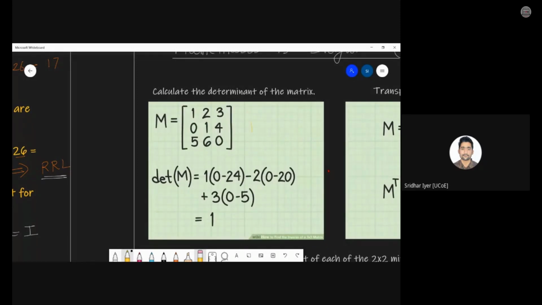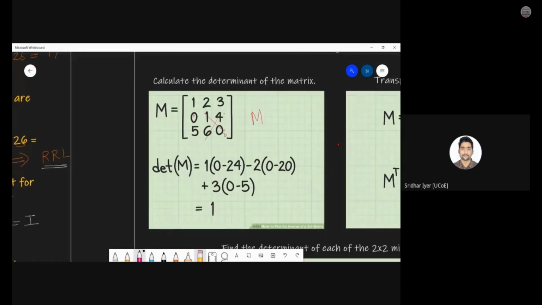This is the matrix M, and you need to calculate the determinant of the matrix M using the formula. 1 will be multiplied by this into this, that is this minus this, minus 2 into this. You are aware of how to calculate the determinant. This is just to check whether the determinant is 0 or not. If the determinant is 0, then we won't have any inverse of that matrix. I guess this is basic mathematics. If you have determinant as 0, you can't have any inverse for that matrix.